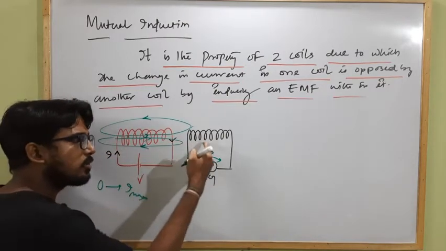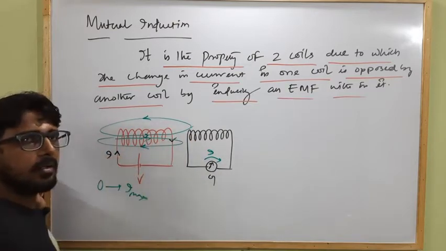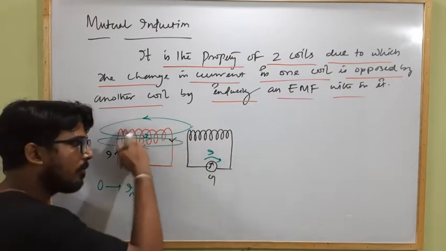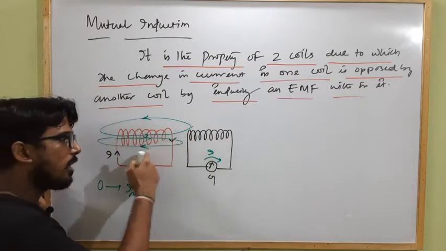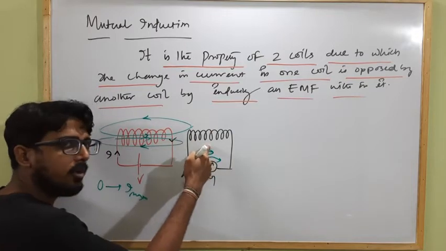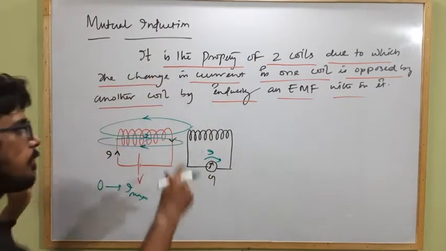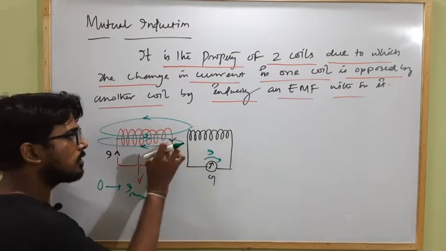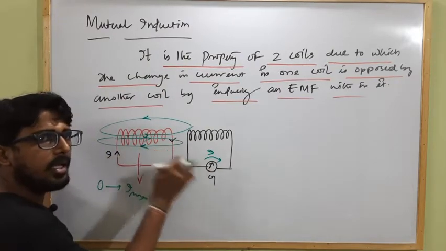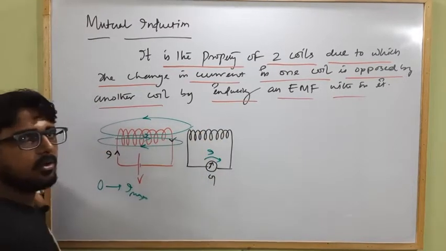That's why this induced current tries to oppose the current within the first coil. Clear? This phenomenon, due to which current in one coil is opposed by the induced EMF in another coil, is known as mutual induction. This is the property of two coils in which the change in current in one coil is opposed by an induced EMF produced in another coil.